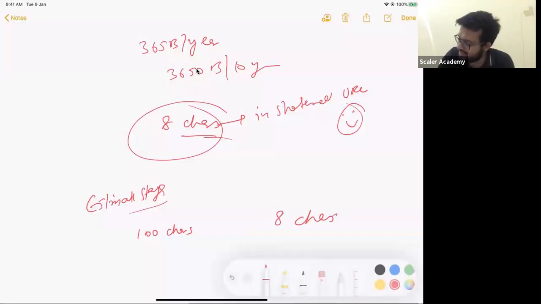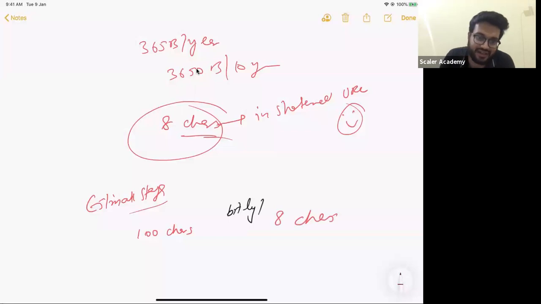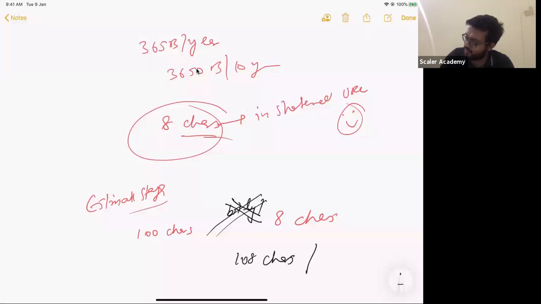One assumption that I'm making is that you are not going to store bit.ly/ every time, because you do not gain any information by storing it, as it remains the same for everything. So let's not assume the storage space required for storing bit.ly again and again for every mapping. So you basically have 108 characters per URL mapping.